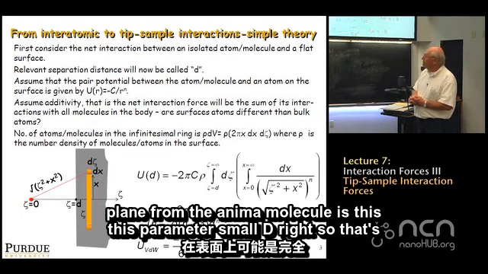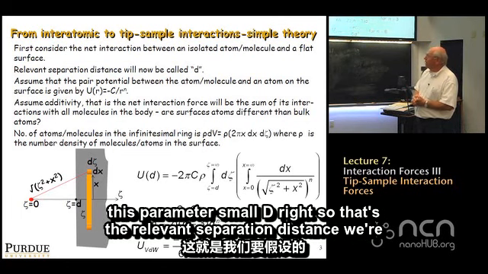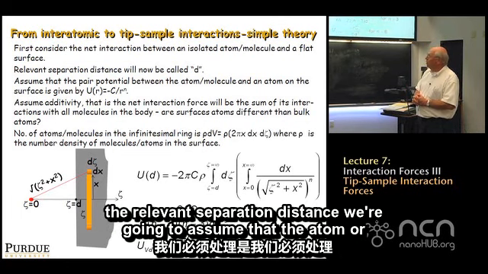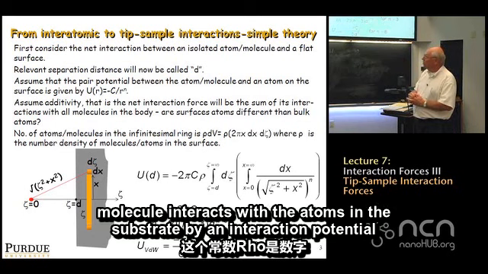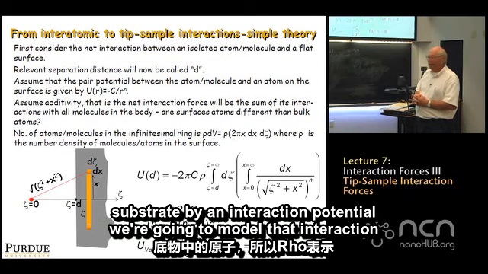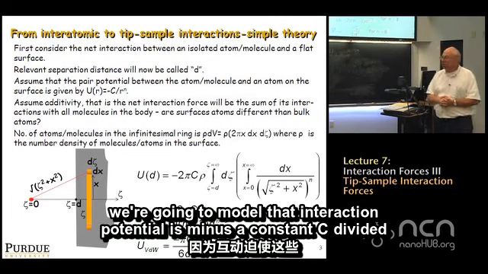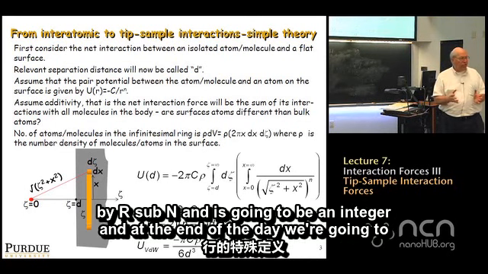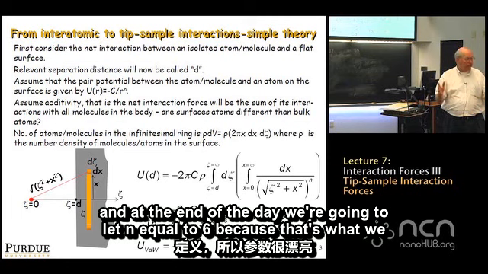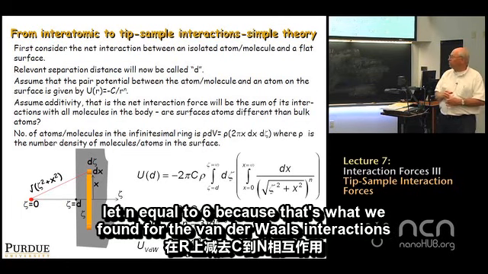So that's the relevant separation distance. We're going to assume that the atom or molecule interacts with the atoms in the substrate by an interaction potential. We're going to model that interaction potential as minus a constant c divided by r sub n. N is going to be an integer. And at the end of the day, we're going to let n equal 6 because that's what we found for the van der Waals interactions.